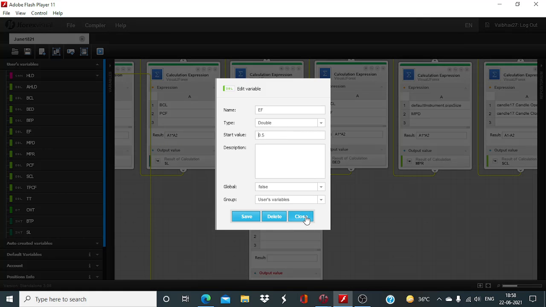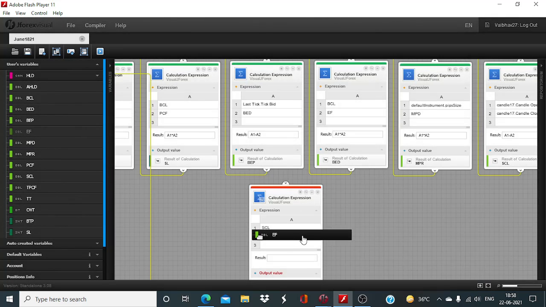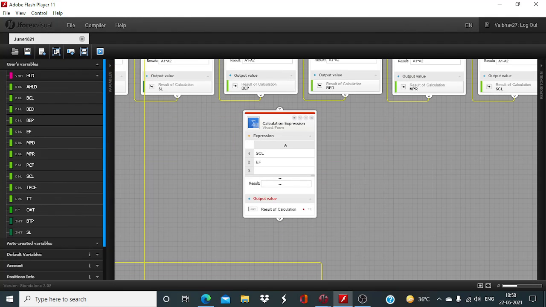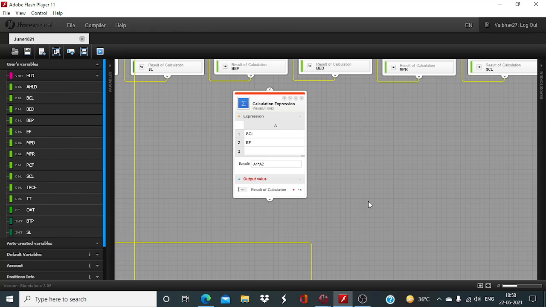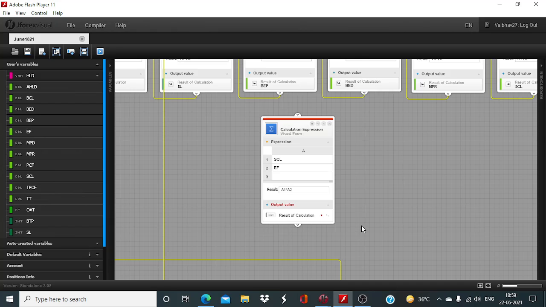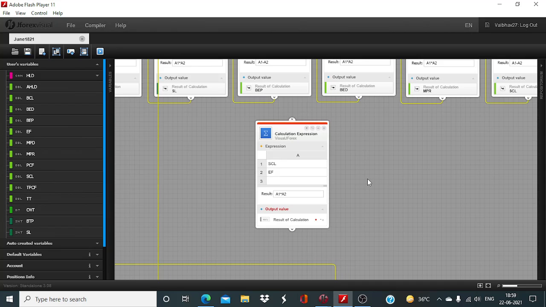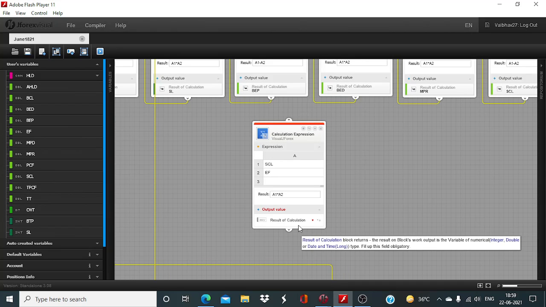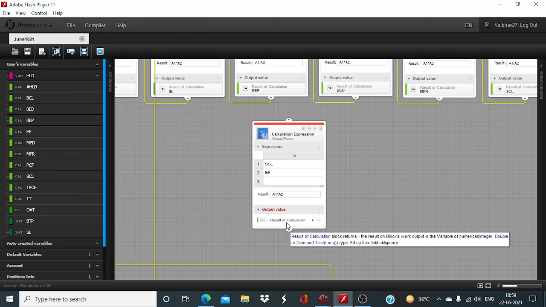It has start value of 0.5. This is going to be A1 into A2, and this will be the execution difference, which needs to be added to the last tick price.